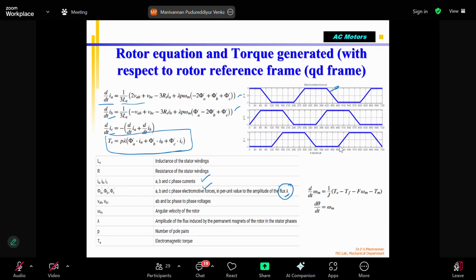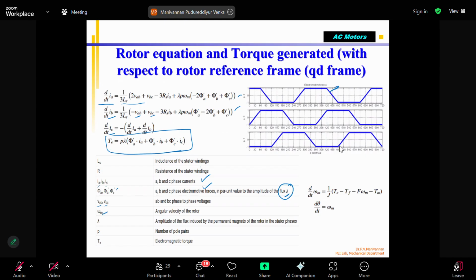That flux density decides the magnetic flux created, the back EMF, all these things. The voltage between A and B coil and also B and C coil is represented as VAB, VBC. In this equation, we have three voltages, VA, VB, VC, between the two phases, called phase voltages.